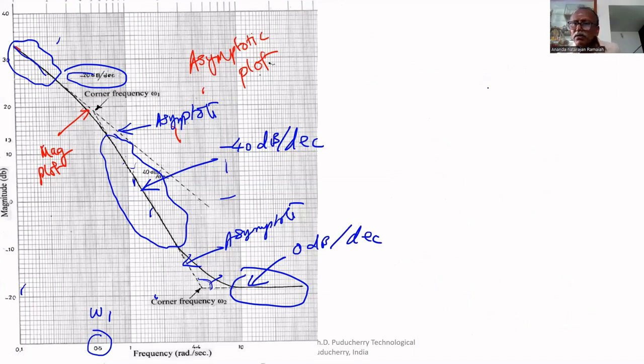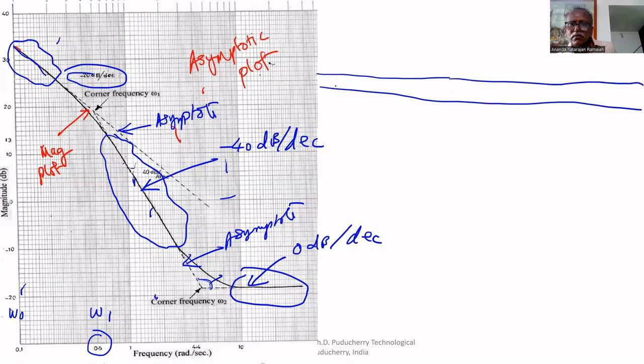Now we have to form the table to find the transfer function. The first range is omega naught to omega 1. Omega naught is 0.1, and omega 1 is 0.5.